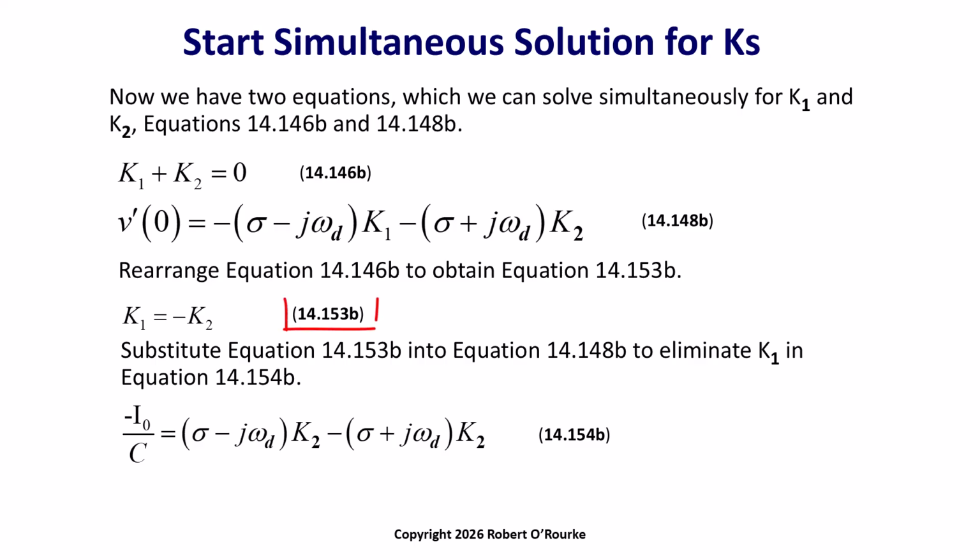Equation 14.153b gives us k1 in terms of k2. Substitute minus k2 into equation 14.148b and distribute the minus sign to obtain 14.154b, which no longer contains a k1 term.